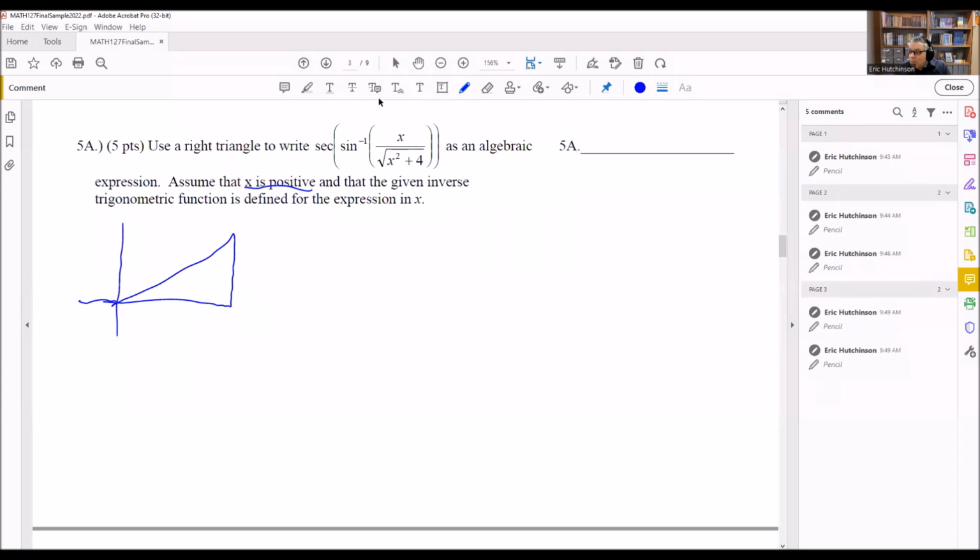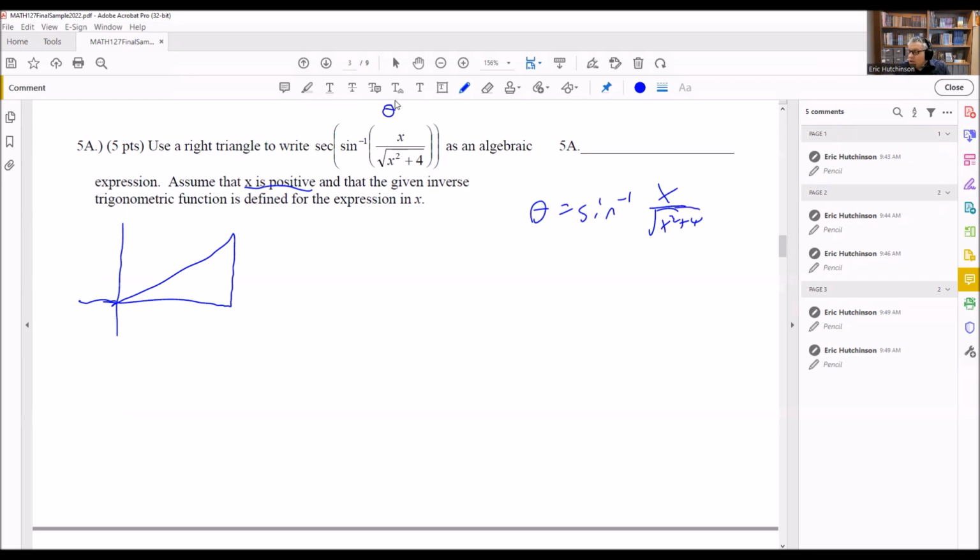This whole thing inside is like a theta, because when we take an inverse, you always get a theta for your answer. So we can say that theta equals inverse sine of x over the square root of x squared plus 4. That's really what that is telling us here.